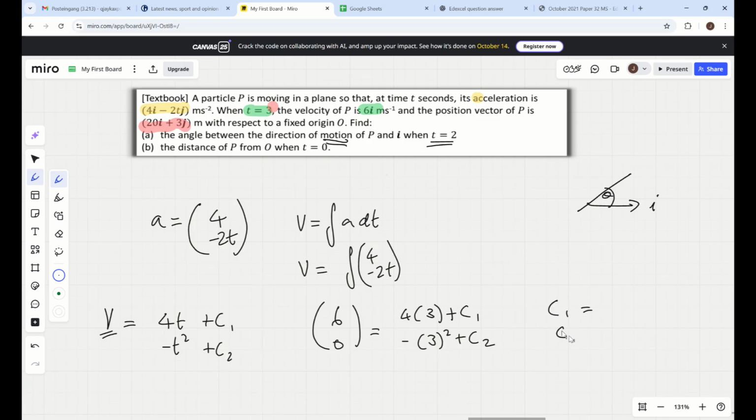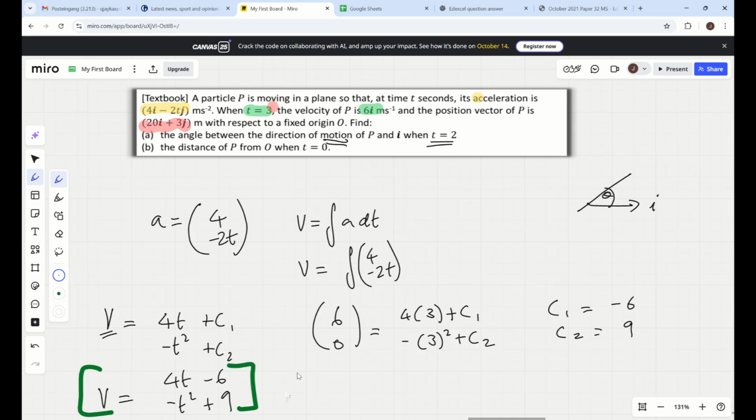And if you do that, it looks like C1 is minus 6, which is what I have there, and minus 9, so that needs to balance out, so that must be a 9. So the velocity in general is 4t minus 6 and minus t squared plus 9. Okay, so that's the useful one.